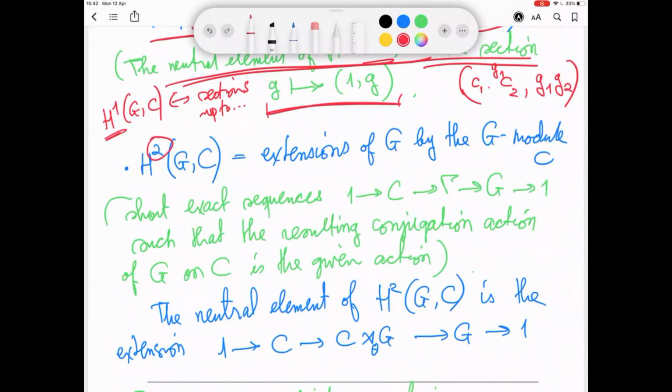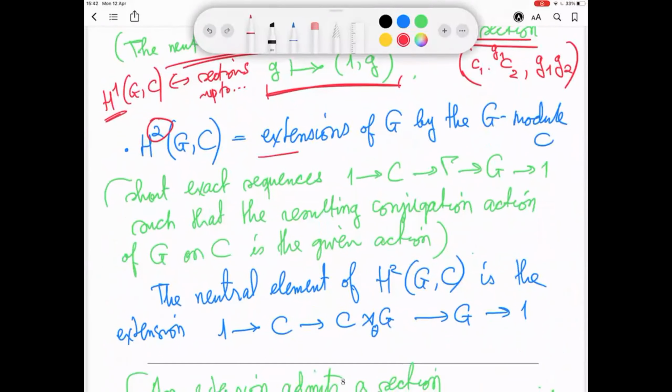And there's H^2, which classifies extensions of G by the G-module C. Now, what does that mean?